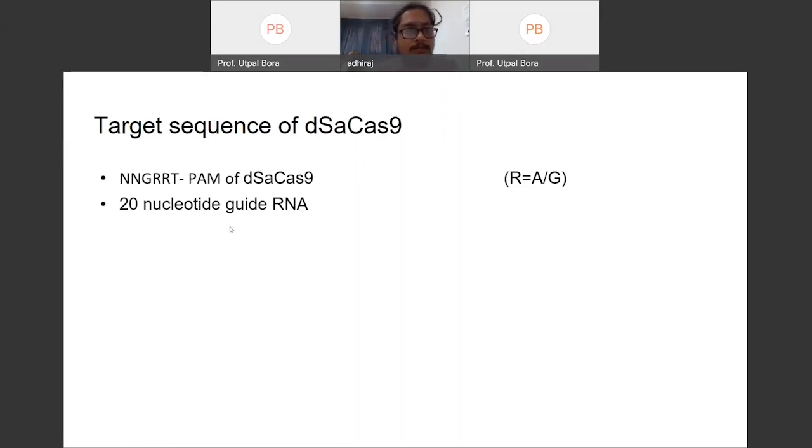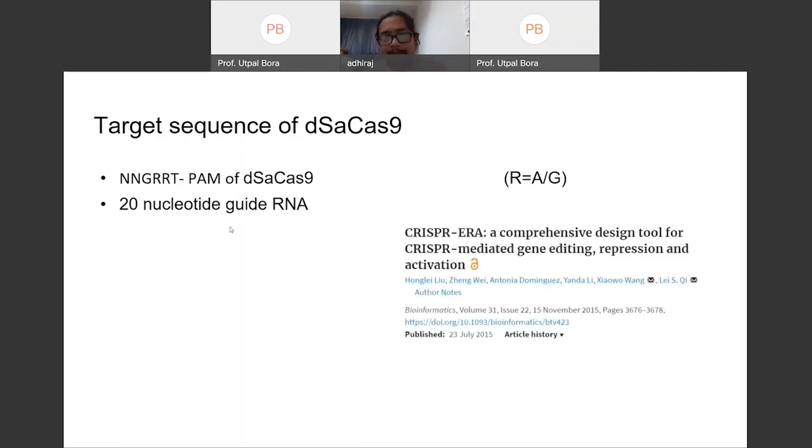I think not. If you can find a regular expression that can search for targets like this, you can implement it in a web server like these people did, and they published it in a good journal, Bioinformatics. All they did was getting the regular expression, finding some score, and giving a response. So NNGRRT of a PAM sequence.